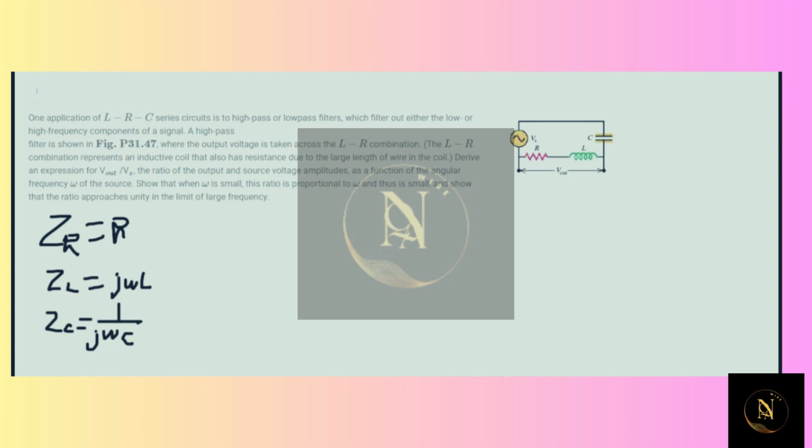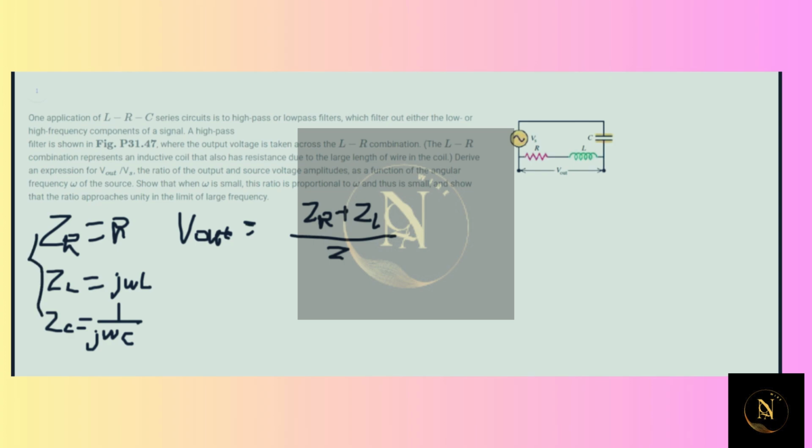Because these three parts are connected in series, V out is given as ZR plus ZL over the total Z, times V, where V is the amplitude of the source. The total Z is just the summation of these three parts.